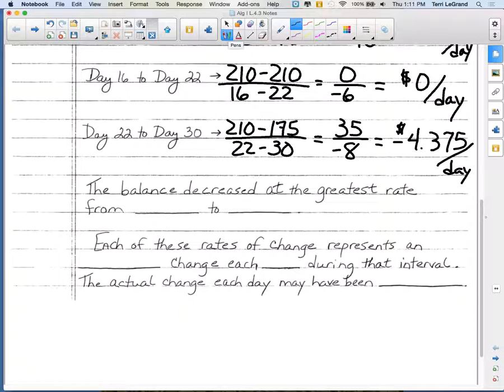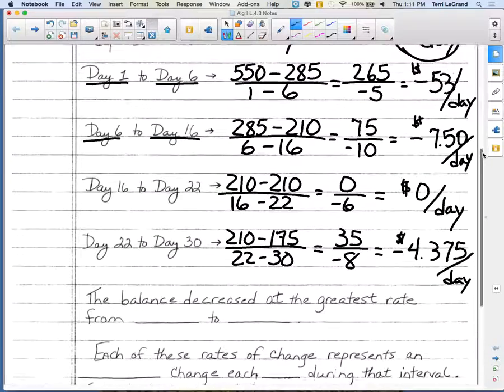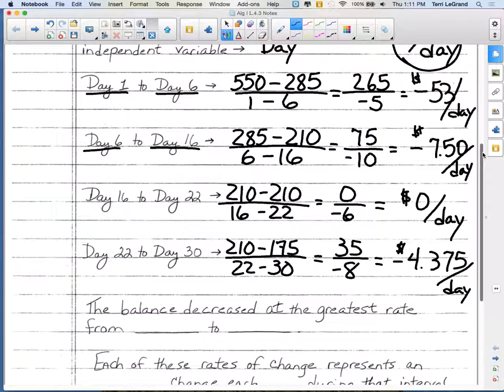Banks do keep it out further than a penny in the process sometimes. Sometimes they round, other times they don't. But this one terminates, so we'll just leave it as $4.375, but it's negative. Okay, so we have 4 different rates of change because they just all happen to turn out different. But each of them has their own constant rate of change over that time frame.